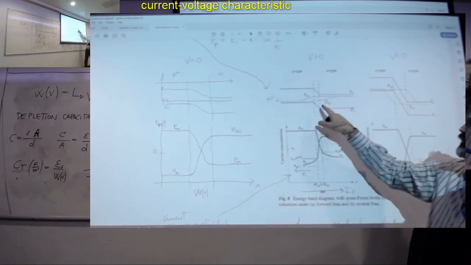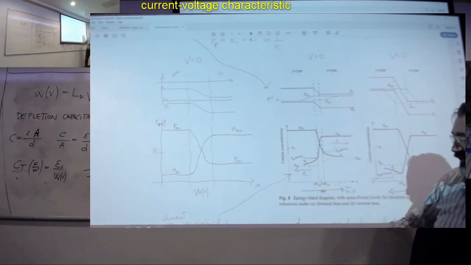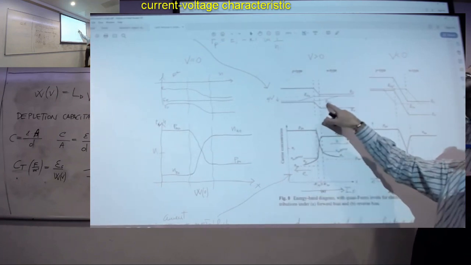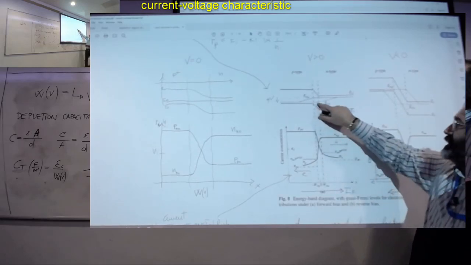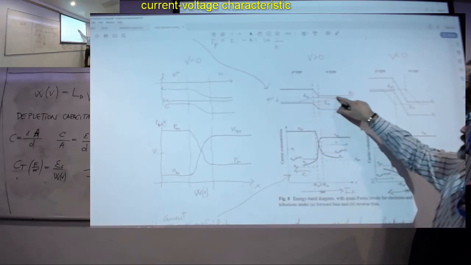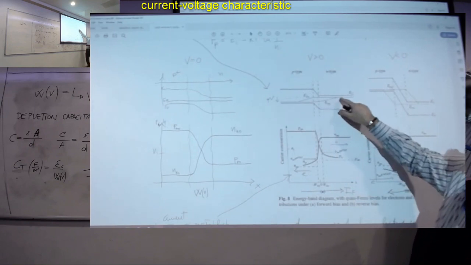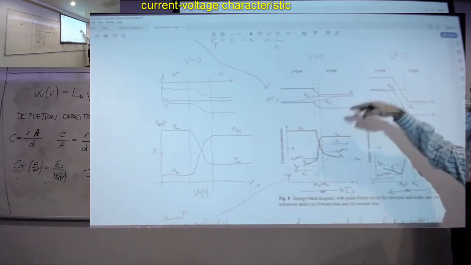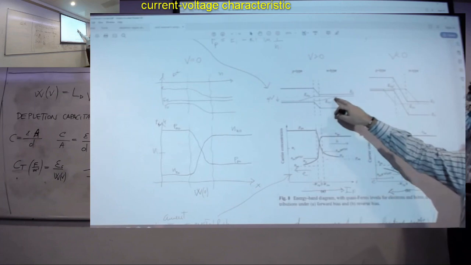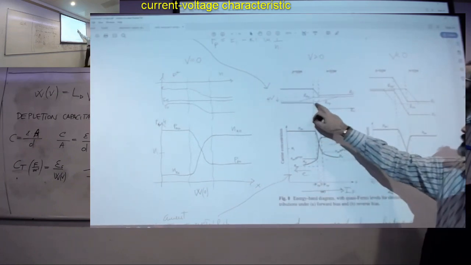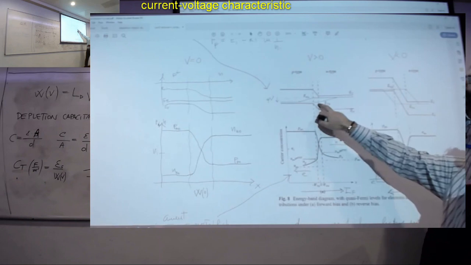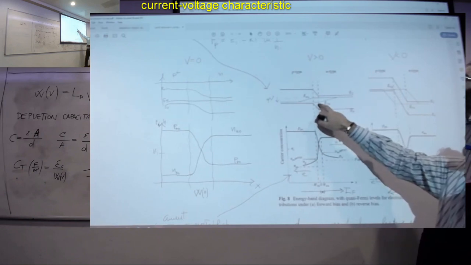This is what we call FP in our notes. Here it is indicated as EFP, doesn't matter. And then it will slowly, gradually move toward the Fermi level on the other side. This is the quasi-Fermi level for holes. So it stays flat up until the edge of the depletion layer.